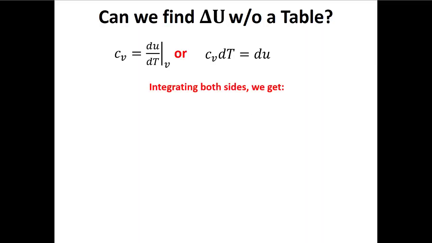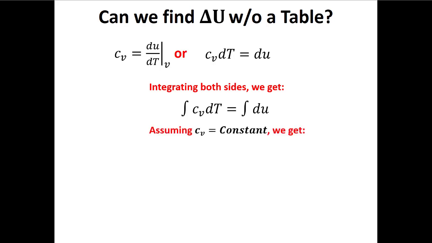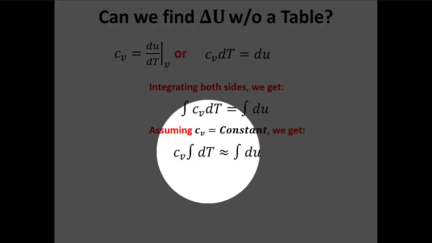If we integrate both sides, we'd come up with this equation here. Now, the cool thing about these incompressible fluids or solids, if we're talking about liquids or solids, is that it's not unreasonable to say that CV is constant. And if CV is constant, then we can pull it out of the integral, and our equation looks like this.